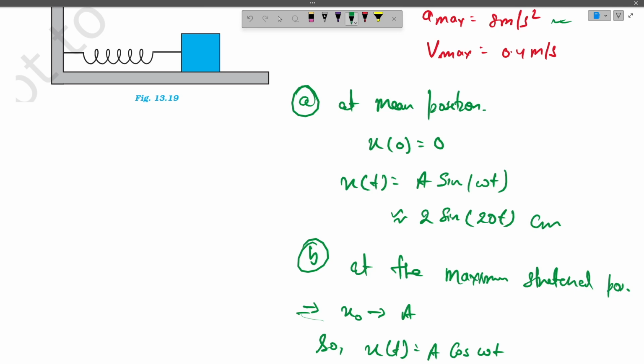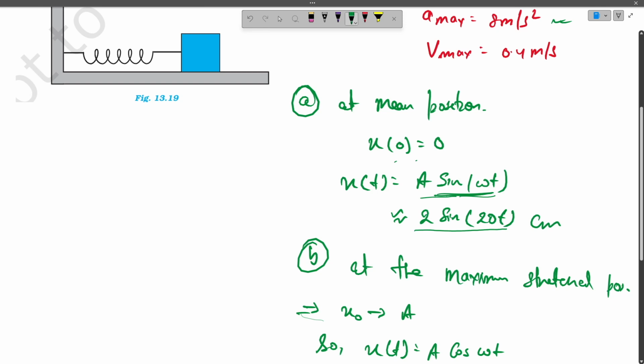When the particle is at the mean position at time t equals 0, the equation should evaluate to 0 at time t equals 0. Since sine of the initial phase angle 0 is 0, the equation fits here. Now the equation becomes 2 sin 20t centimeters.